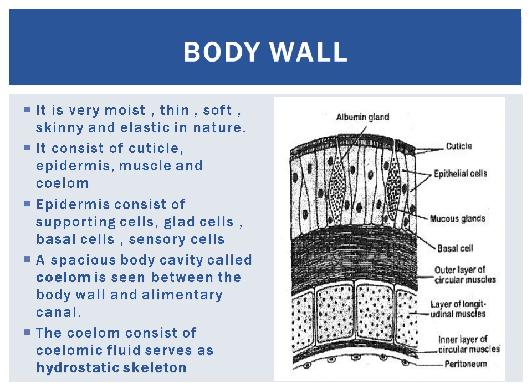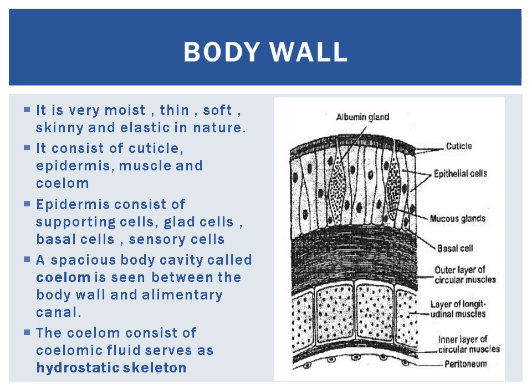Supporting cells, gland cells, basal cells. Can you see the gland cells? Mucus gland is one of the gland cells, right? The basal cell is at the bottom. Then sensory cells are also present in this epidermis layer, right?